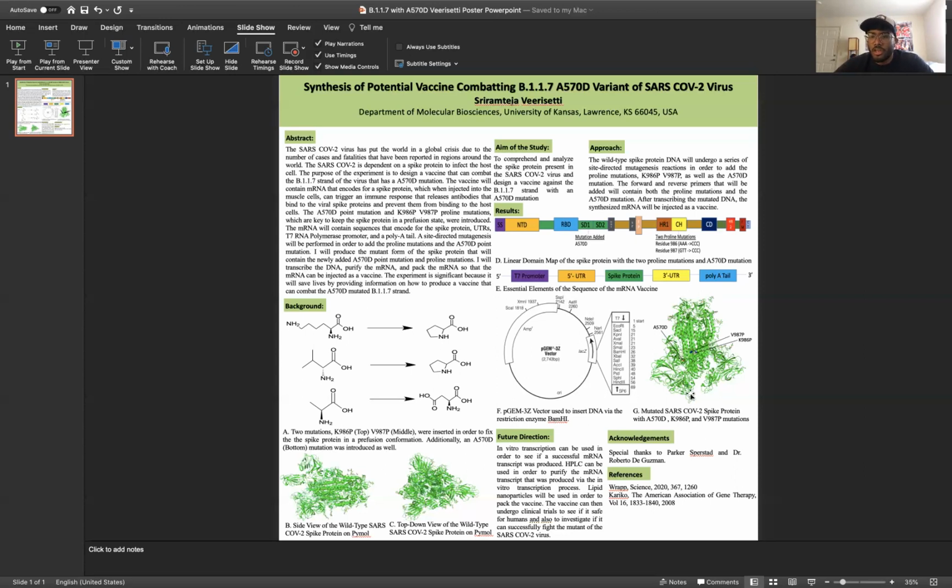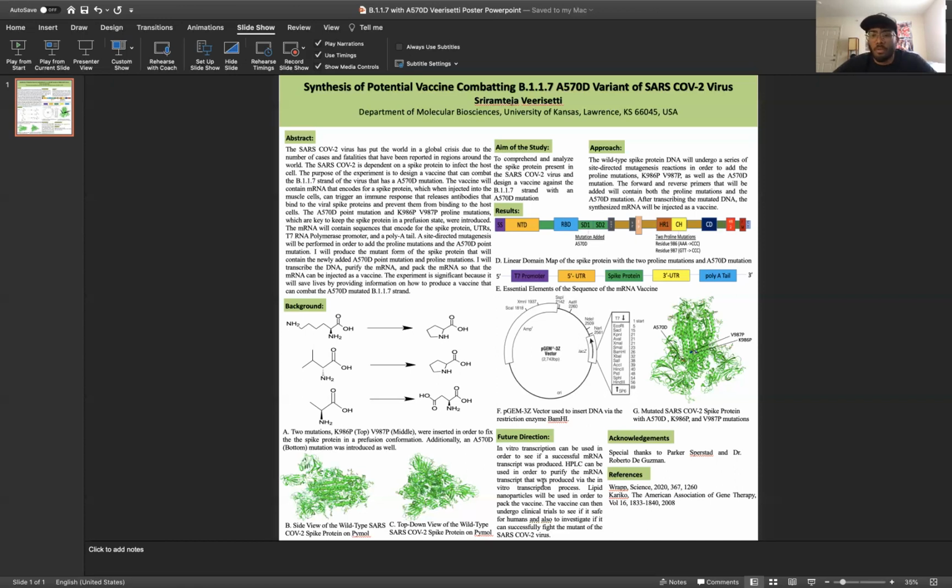In image G here, we have the mutated SARS-CoV-2 spike protein, and I've highlighted the three mutations that we're going to introduce. The pink region is going to be the K986P mutation. The blue region right here is the V987P mutation, and the red region right here is the A570D point mutation.